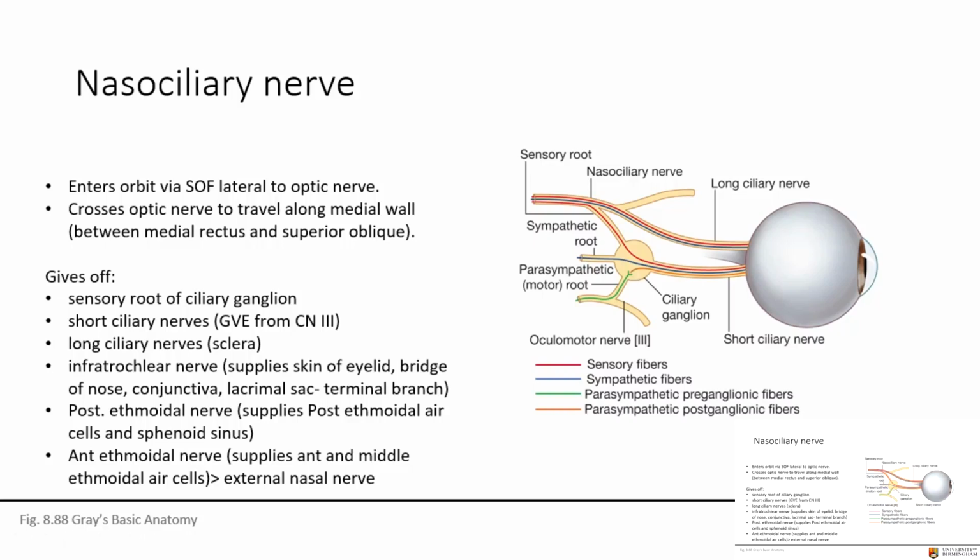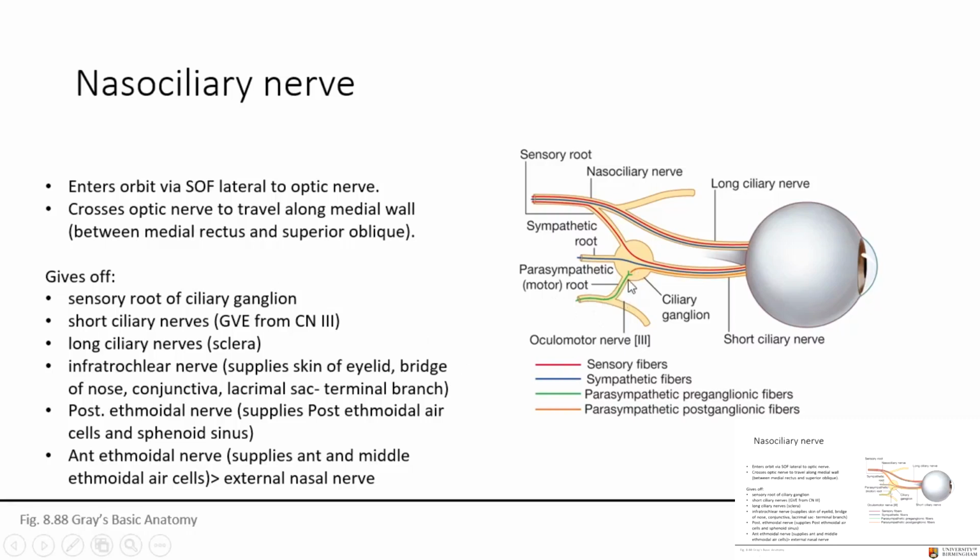the oculomotor nerve. So remember that the preganglionic fibers, so these ones in green, are coming from the Edinger-Westphal nucleus located in the brainstem, and that one belongs to the oculomotor nerve. So the cell bodies will originate there and then come here.